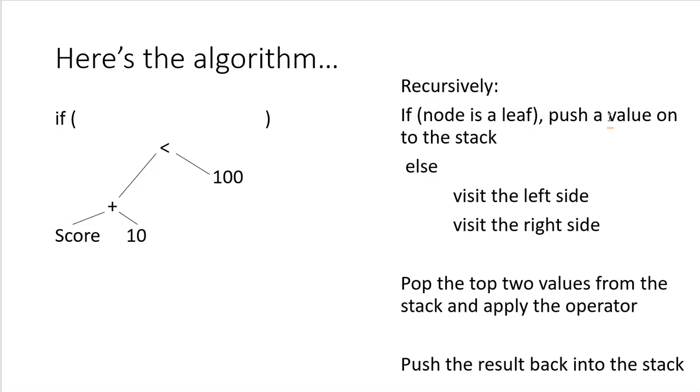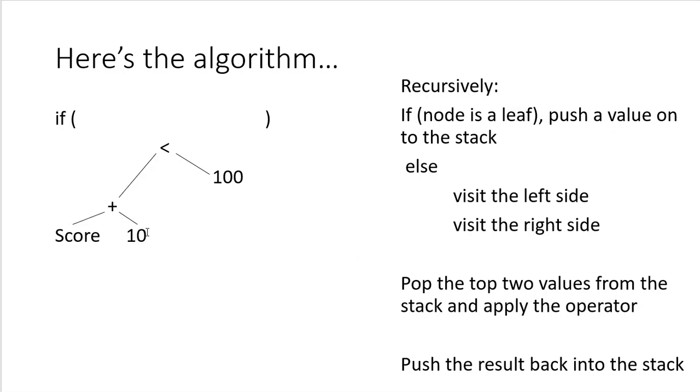If the node that we're visiting is not a leaf node, then we're going to visit the left side, visit the right side, and then pop the two values out of the stack and apply the operator to get a result, and then we put the result back in the stack for the next operator up to find.